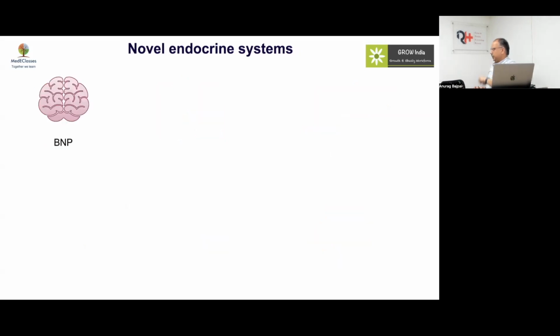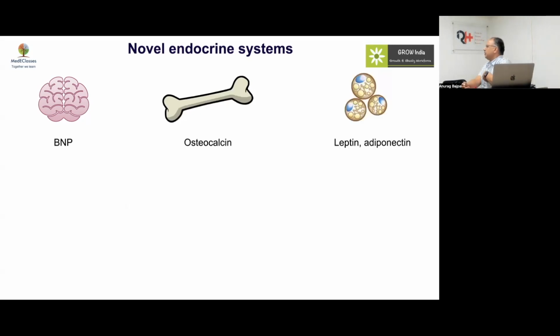But we need to understand that the brain also can be considered an endocrine organ, it produces brain natriuretic peptide. If you have too much BNP, you will have salt wasting, and this is known as cerebral salt wasting. Bone, I said osteocalcin, FGF23, and CNP. All those things can be produced from the bone. Fat will produce leptin, adiponectin.